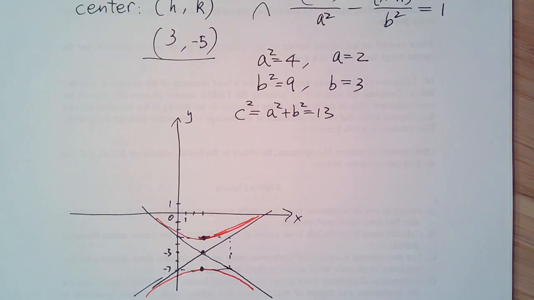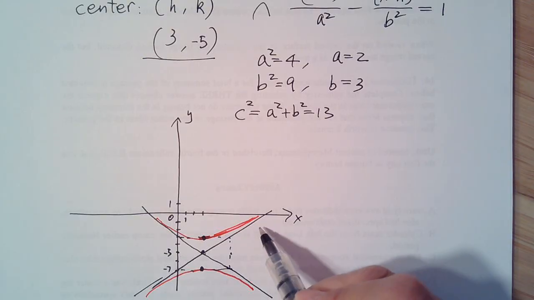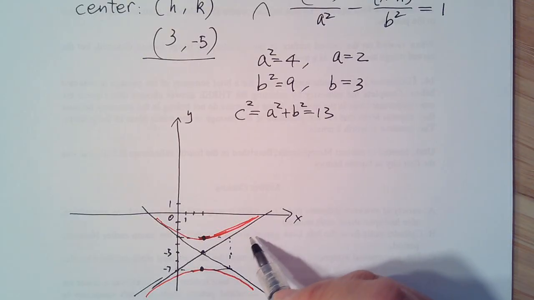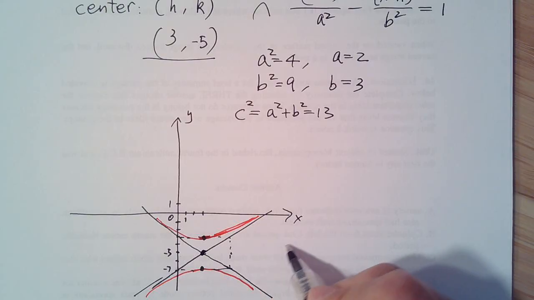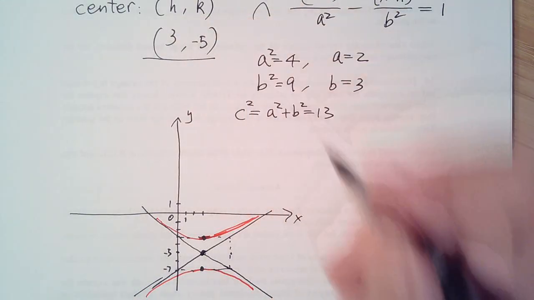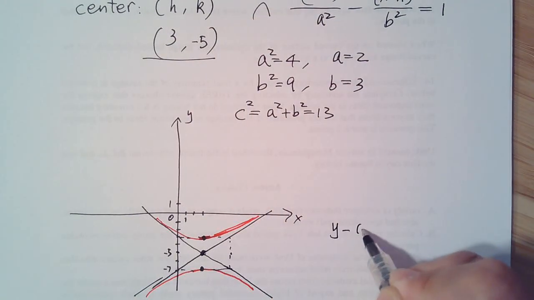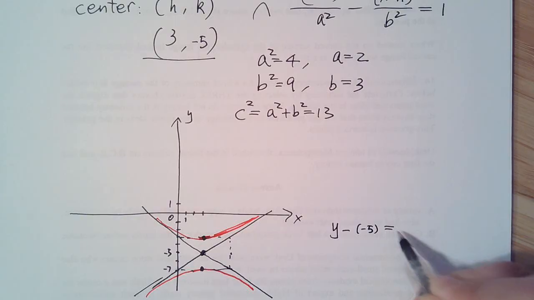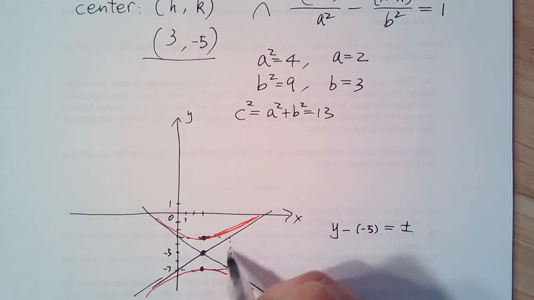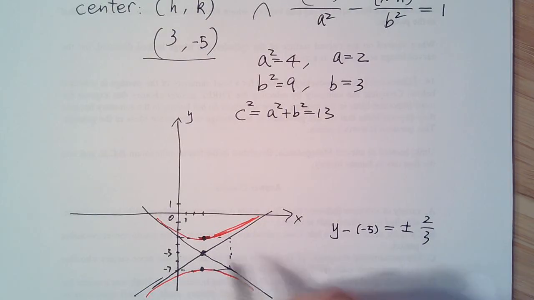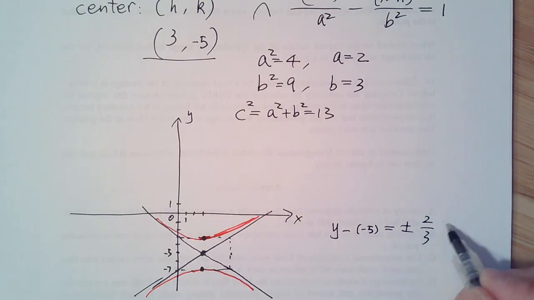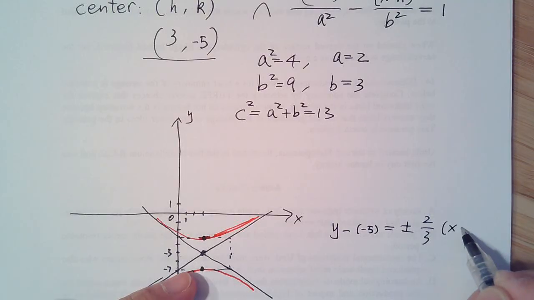And now let me just ask you quickly, can you find the equation of these asymptotes? Yep, because this h, k is 3, negative 5, so y minus negative 5 should be plus minus, the slope is what? It's 2 over 3, because rise over run, plus minus, then x minus 3.